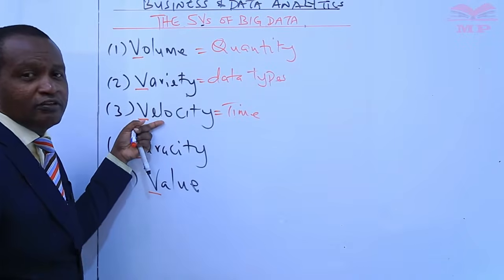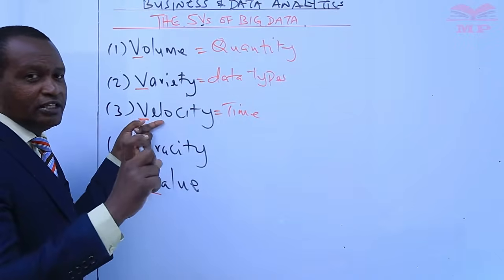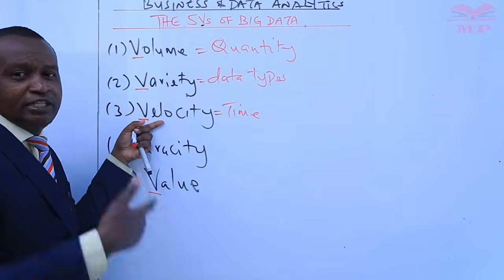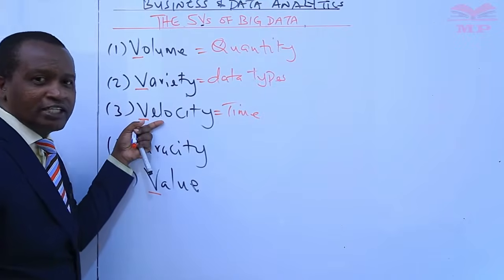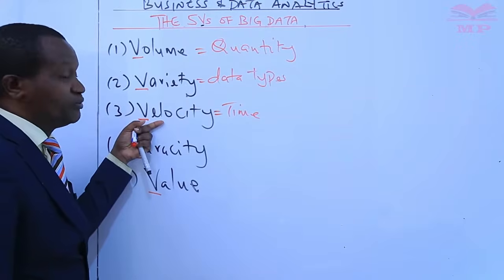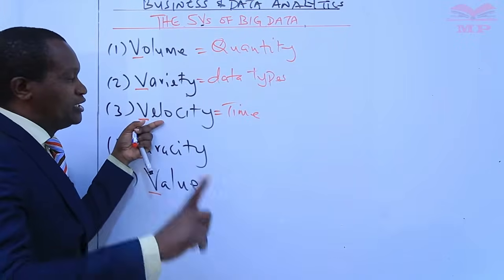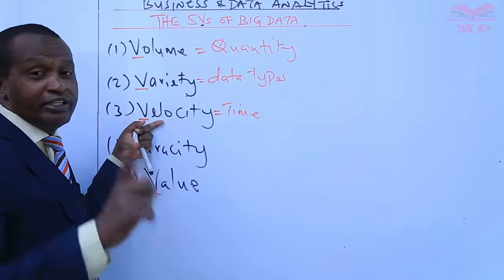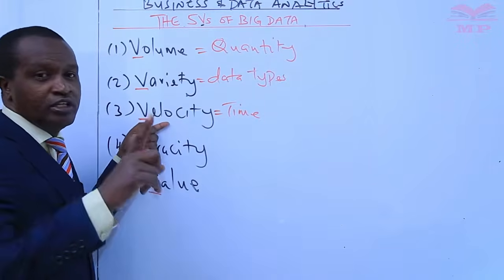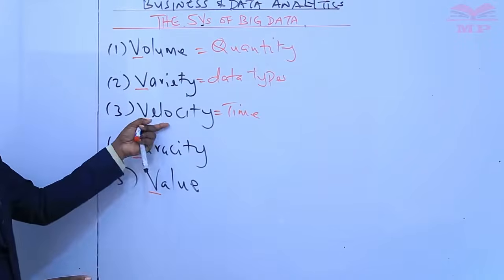So it's rather you have a limited amount of data that can be processed, that can be digested, that can be quickly analyzed, if possible real time, because at times decisions may be required to be made real time. Therefore, data has to be made available for making such decisions.